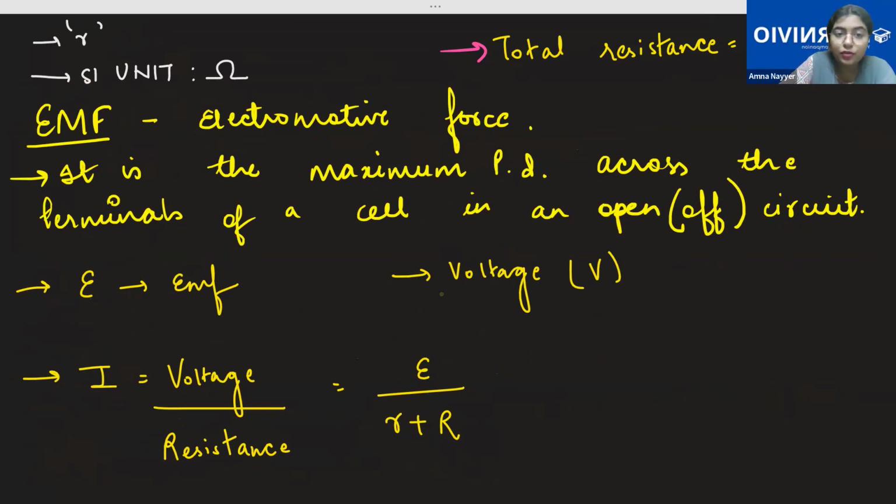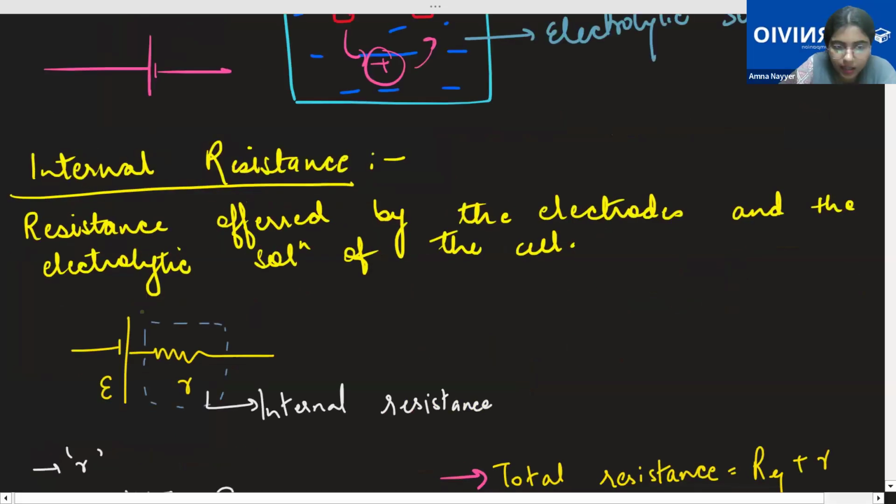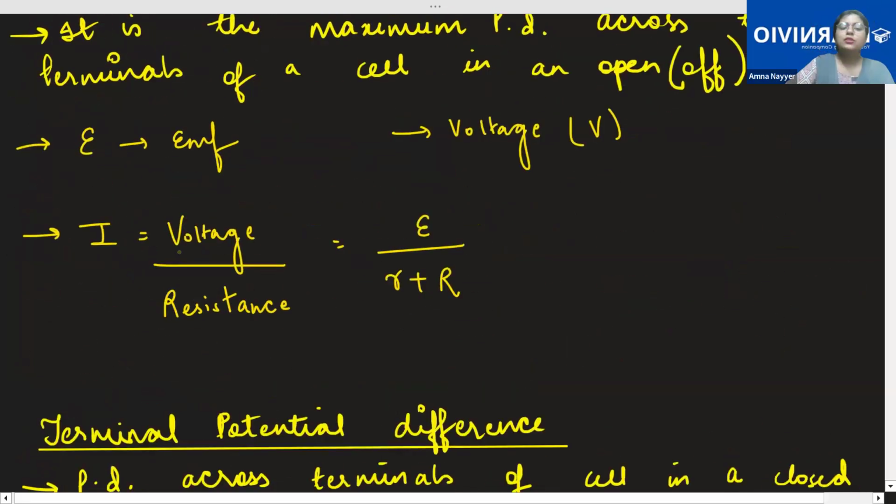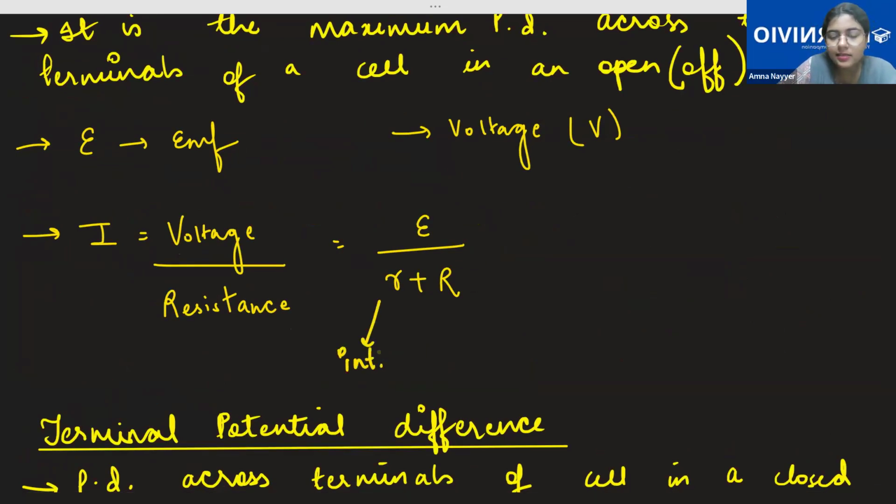Okay, difference is that whatever is the voltage across the internal resistor, that is your EMF. And whatever is the voltage across the external resistor, that is the terminal potential difference. So current will still be voltage by resistance. Now resistance is total. This is the internal resistance and this is the external resistance.